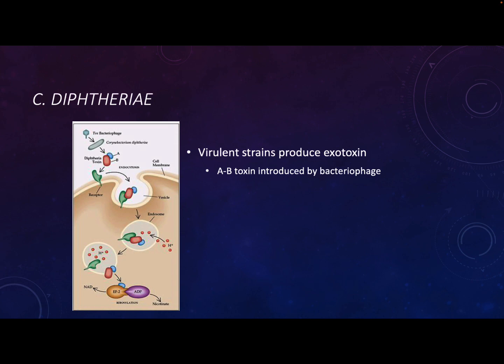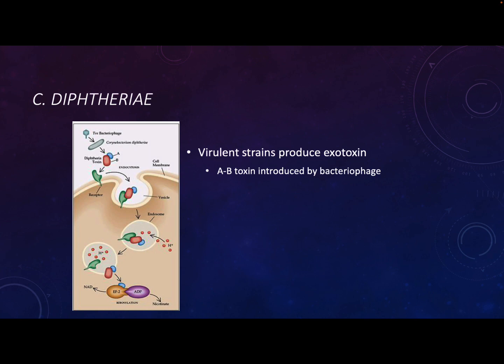So the toxin is found in strains of the bacterium that have been infected by a bacteriophage. The bacteriophage itself actually carries the toxin gene, and that's what can allow the formation of the disease symptoms. And really all of the disease symptoms of diphtheria are mediated by the toxin. So the vaccine itself is actually a vaccine only against the diphtheria toxin, not against the diphtheria organism itself.